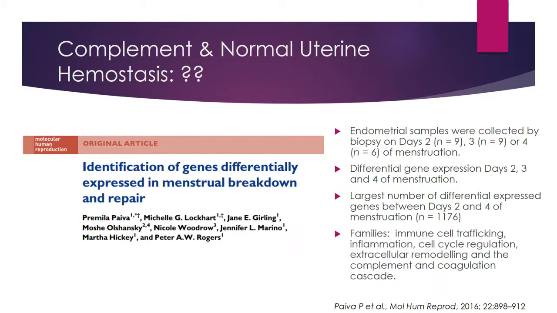They clustered around a lot of different families, primarily immune cell trafficking, inflammation, which suggests some connection to complement, cell cycle regulation, and extracellular remodeling, and complement. This is cellular as opposed to humoral, so the immune cell trafficking as well as complement and coagulation changes were differentially expressed.